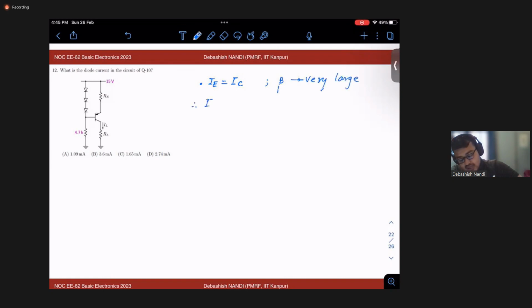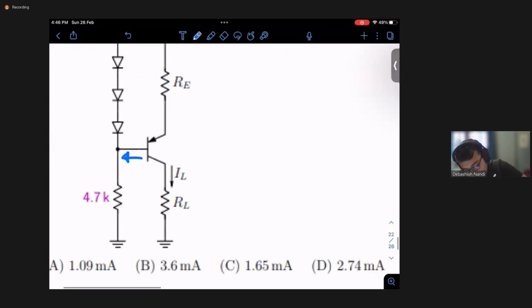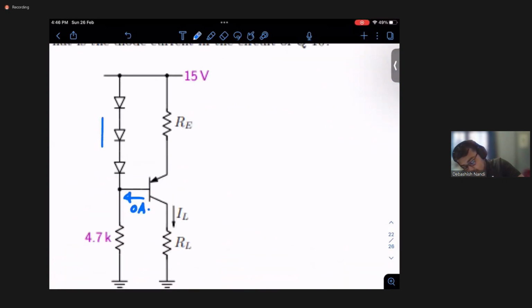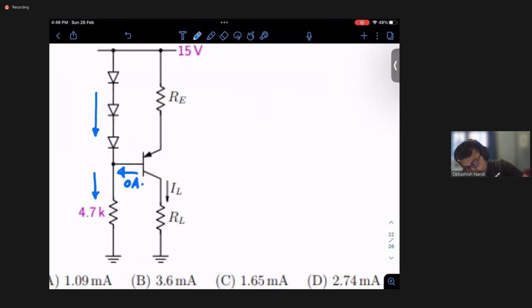That means IB is almost equal to 0 ampere. So if this is my base current and this is 0 ampere, then the current flowing through this is nothing but the current flowing through this, from simple KCL, right?